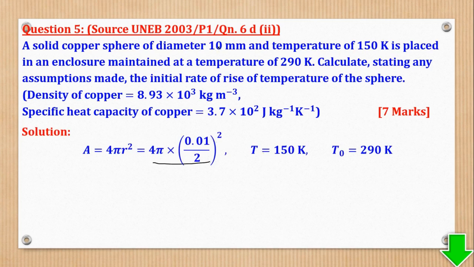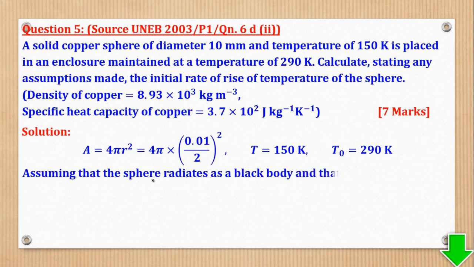So cross-section area, so surface area of the sphere is that. Remember, this was the diameter, so to get the radius we divide by 2. Then we have this, and we have this as T naught for the enclosure. Therefore, assuming that the sphere radiates as a black body, and that the heat exchange is by radiation only.